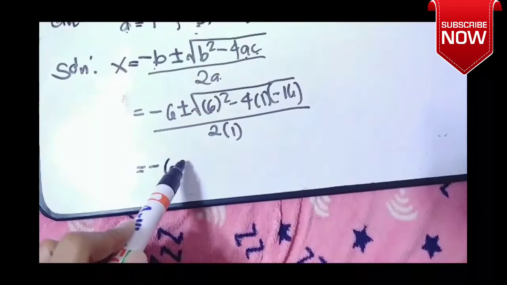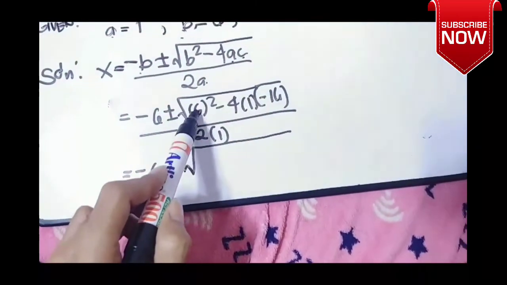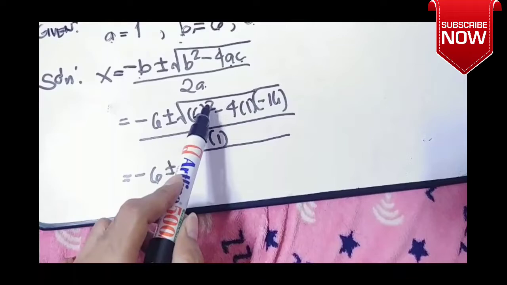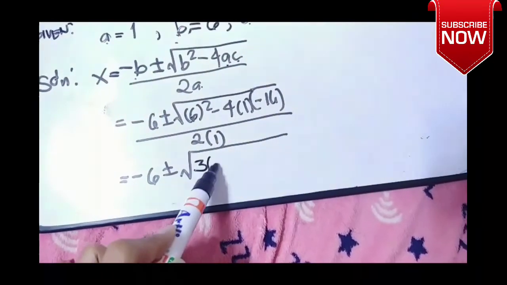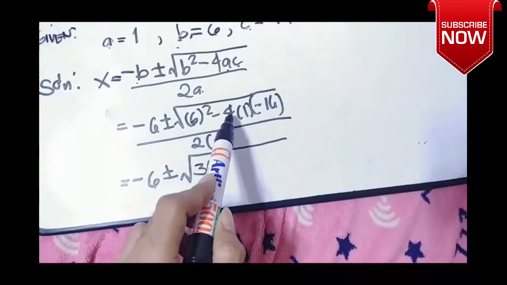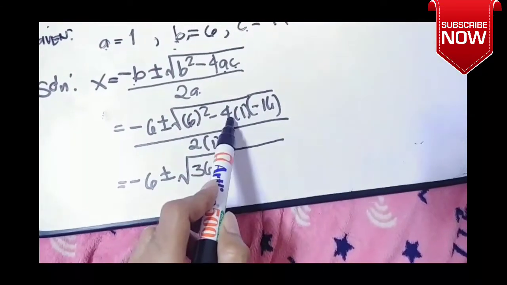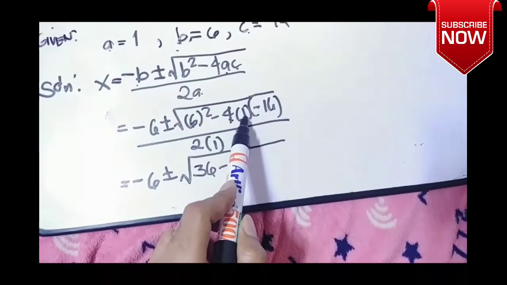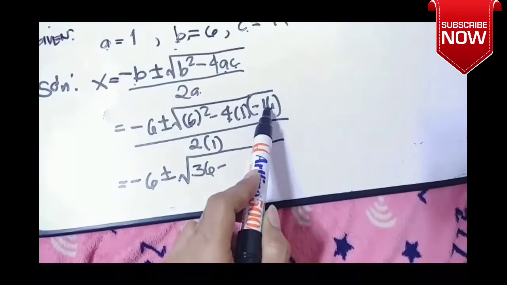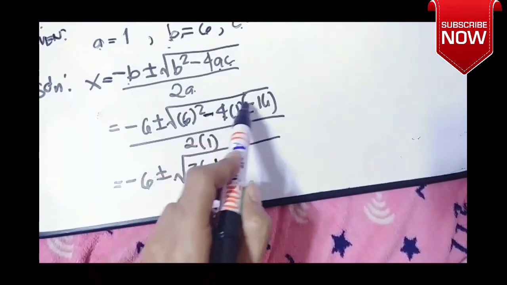Bring down negative 6 plus minus. Again, square root. 6 multiplied by itself, 6 times 6, that is 36. Negative 4 times 1 is negative 4 times negative 16. So understood na yan ay positive dahil negative times negative positive.